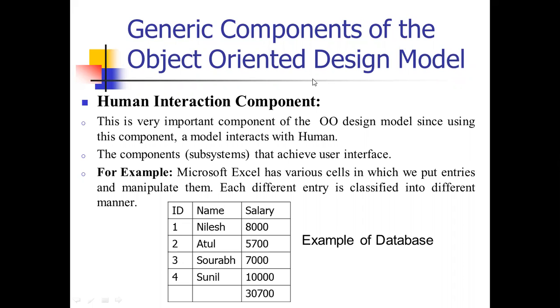This is an example of a database table, with columns according to the class design. All three are the attributes of that class: name, ID, and salary.